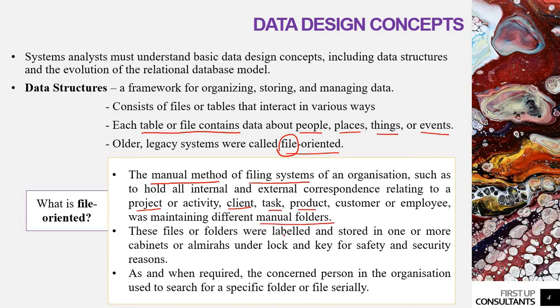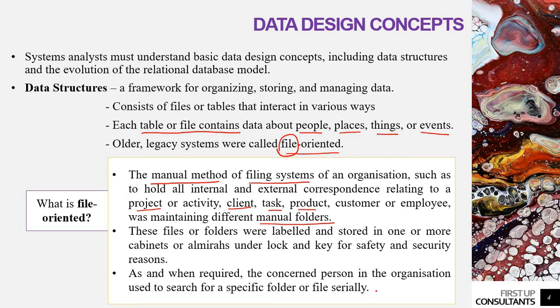These manual folders are labeled and stored in one or more cabinets. Usually they have some sort of store room, where they put all the manual files. And then when required, the concerned person in the organization searches for a specific folder or file serially.